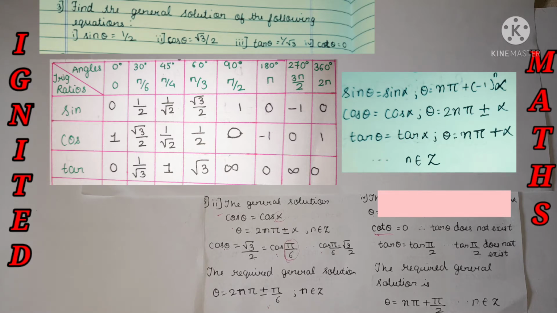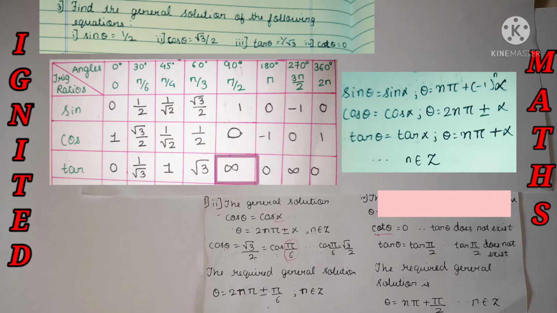Cot theta is equal to 1 by tan theta, but we know the cot theta value is equal to 0 according to the question. So 1 by tan theta is 0, which means tan theta is 1 by 0. 0 by 1 is equal to 0, but 1 by 0 is nothing but infinity.